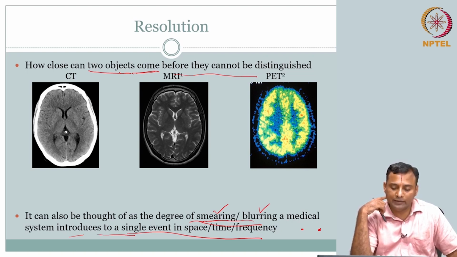When you look at this, which image do you think has the poor resolution, and which image has the best resolution? Can you comment on that based on the descriptions of resolution that we have covered so far?